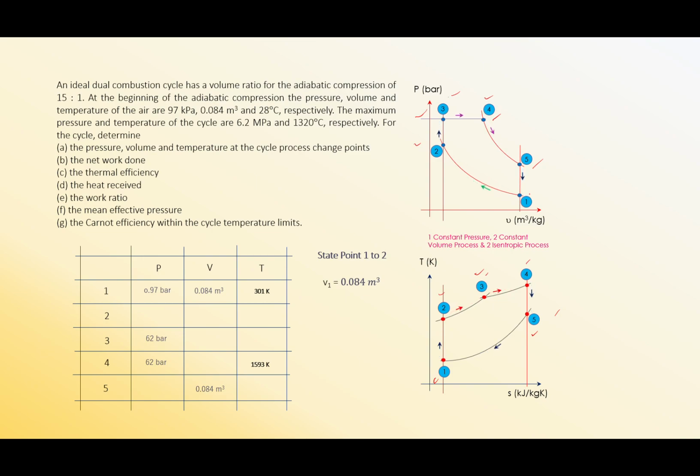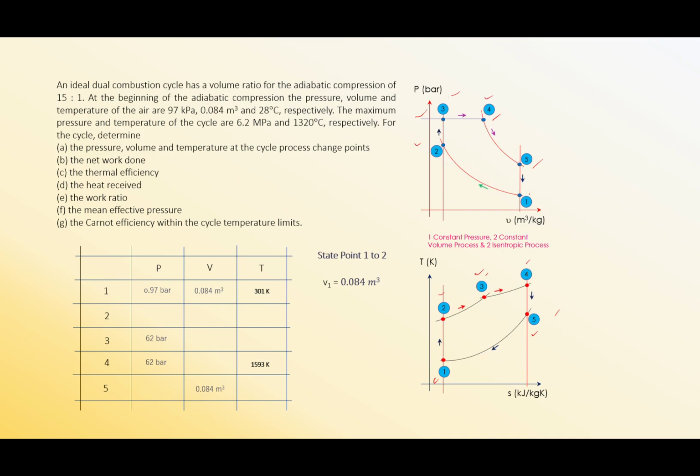They have given us the volume ratio of 15 to 1, so Vmax, that is V1, over Vmin, that is V2, equals 15 to 1.